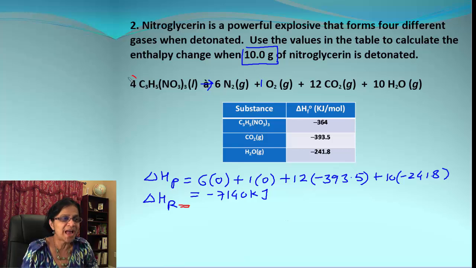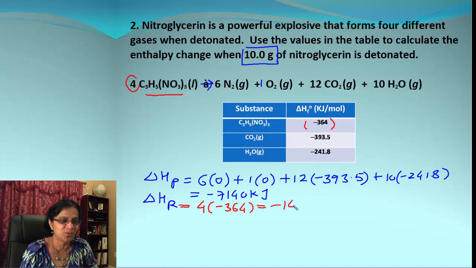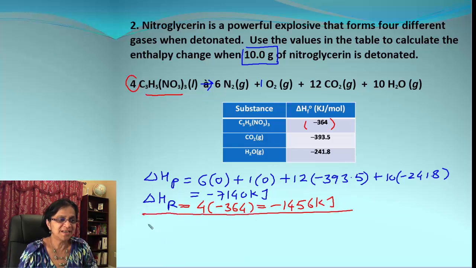For reactants, we only have 4 moles of nitroglycerin. So it will be 4 times the value for nitroglycerin, which is negative 364. And when you multiply, we get negative 1456 kilojoules. And the next step is to find delta H for the reaction.